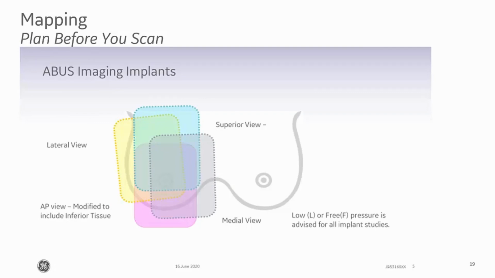And on the ABUS Club, there is a little video that talks about doing implants too. But you want to do your 3 standard views and add the superior. Again, implants can be challenging. We teach you the standard way to do it, but sometimes you have to do what you have to do to get it done.